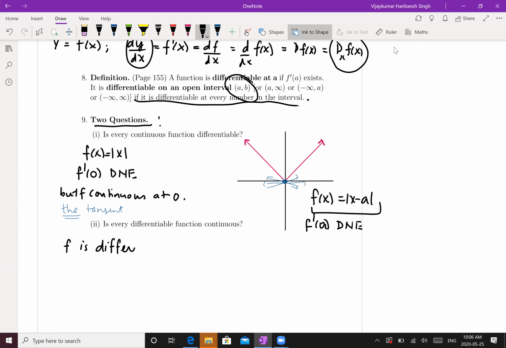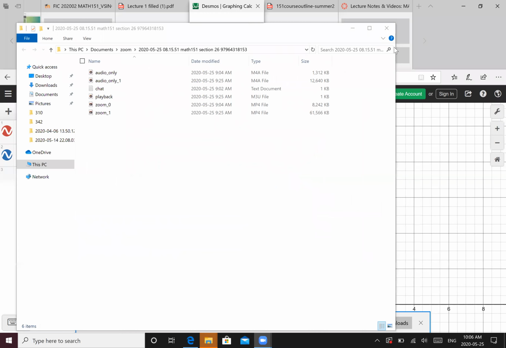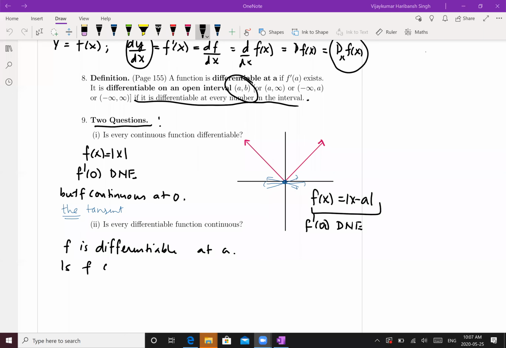We are asking the question, is f continuous at a?